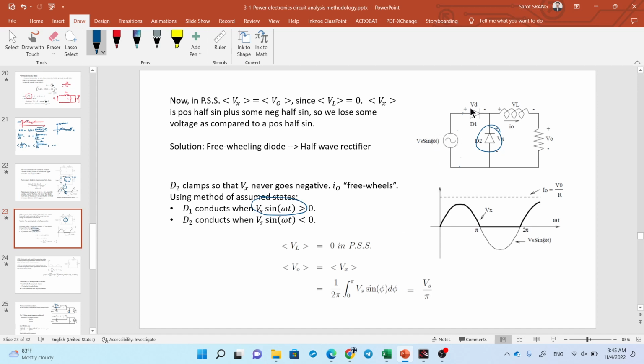So when this one is positive, this one conducts current to go this way, right? This loop. D2 conducts when the sine wave is negative. So the current on the load just runs this loop.